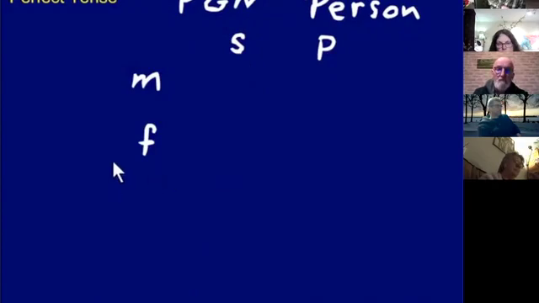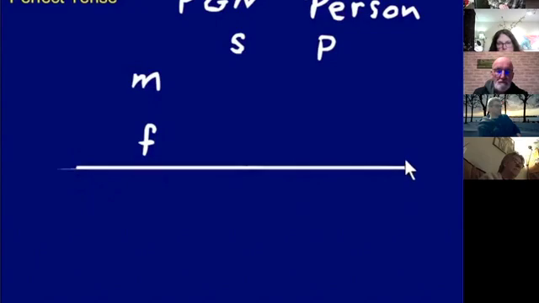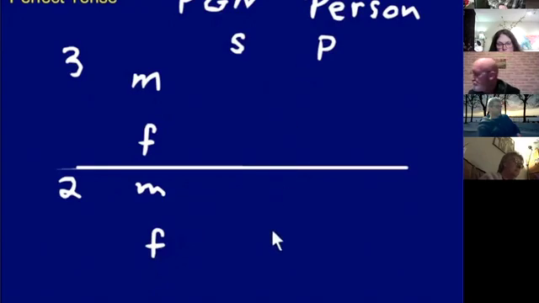So what we'll do here for our chart for verbs, let's draw a line here just to make it clear. We'll have third person with masculine, feminine, singular, and plural. And then we'll have second person with masculine, feminine, and singular and plural as well, a grid. Four pieces here and four there.